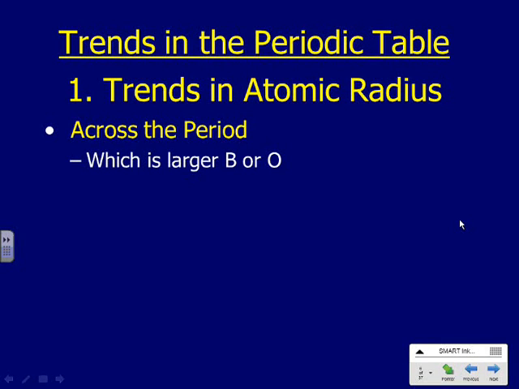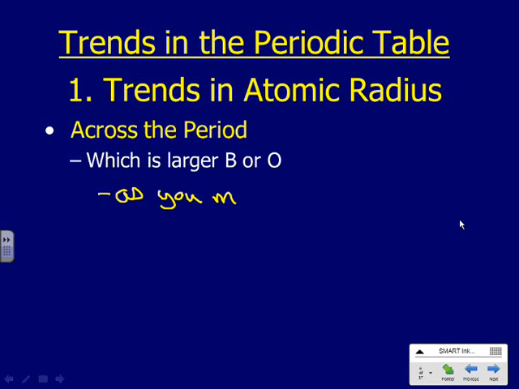Yep, oxygen, right? Because it's got more. What do you think that stronger pull on the electrons is going to do to the size of the orbit? Now we just need logic. Yep, it's going to make it smaller. It's going to pull that orbit in.